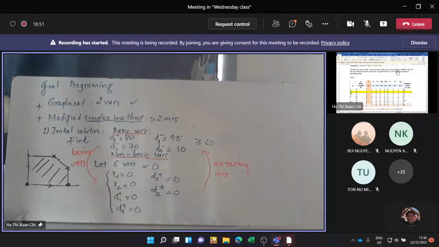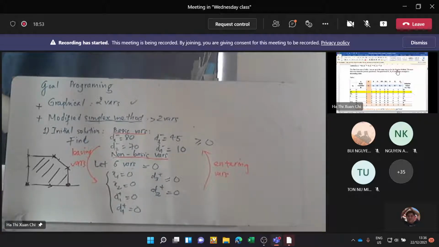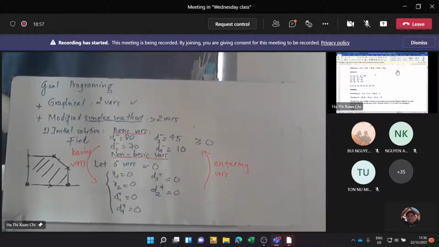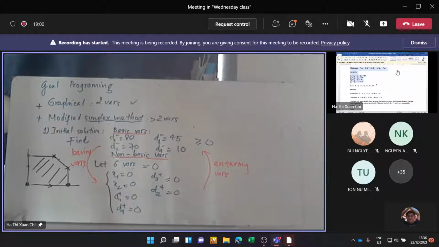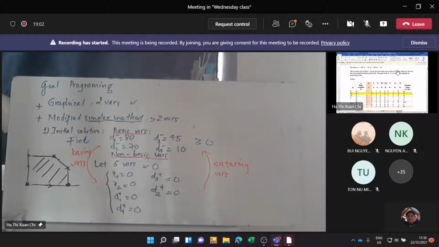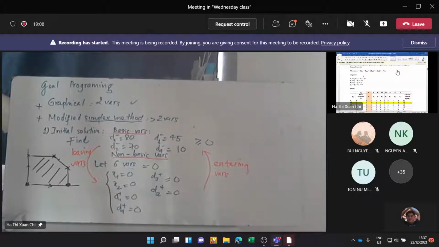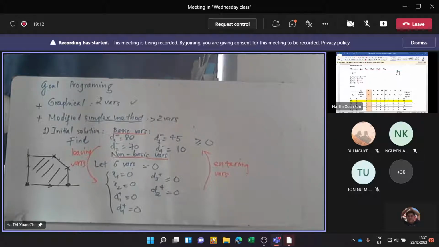The first row here, look at the first row. Look at the model here. x1 here, the coefficient is 0.